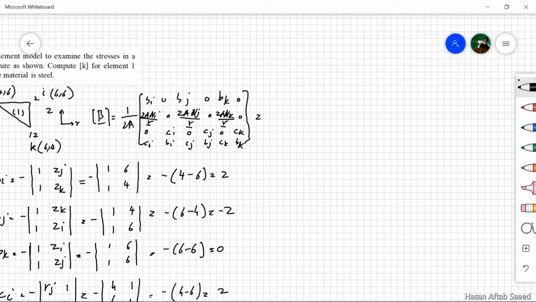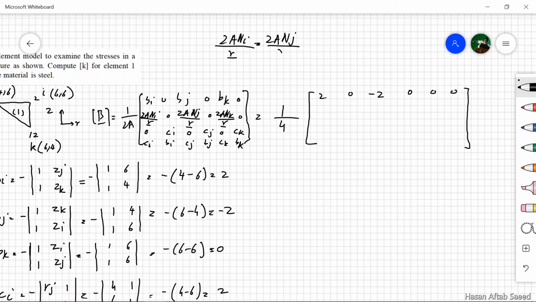Now 2A is 4, Bi is 2, 0, Bj is minus 2, 0 and the others are 0. Maybe it's a better idea to first calculate the values of 2A Ni over R, which happens to be the same for all three because Ni, Nj, Nk are all the same.